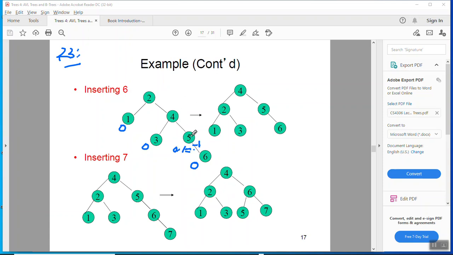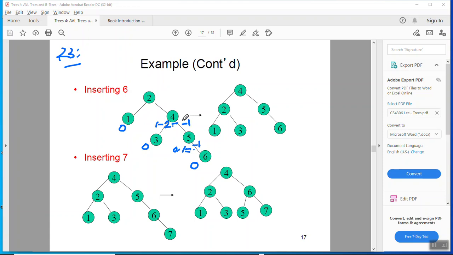For this one balance factor negative 1, and for this one balance factor will be 1 minus 2, equal to negative 1.